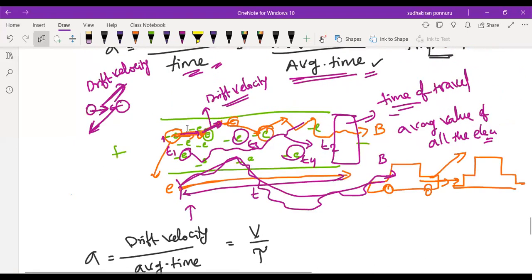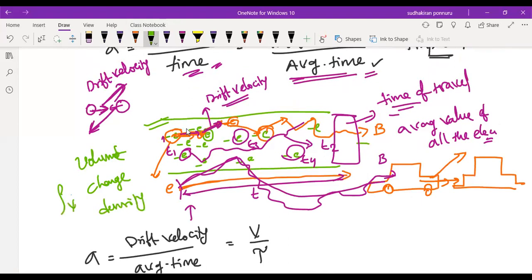Since we are talking with respect to this conductor, which has some volume, and inside it electrons are there, it has some volume charge density, which is given by rho suffix v.